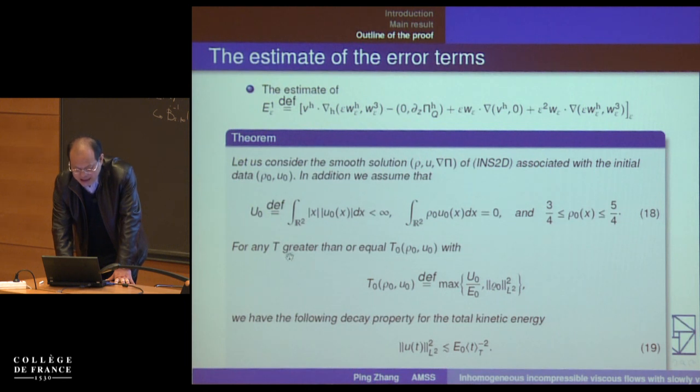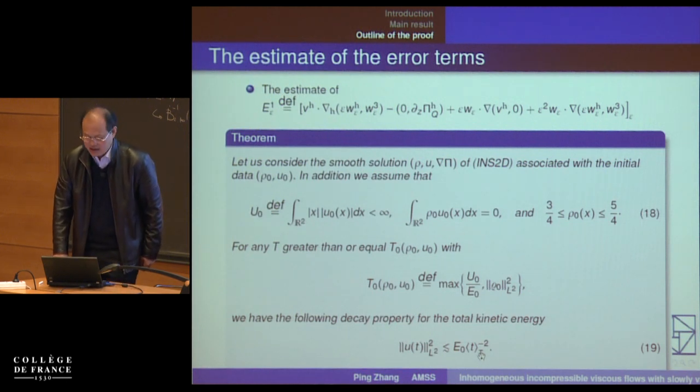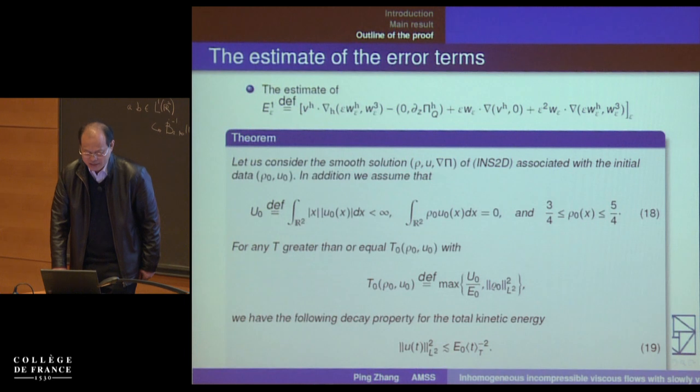Then for any constant T, which can be explained as a scaling parameter of time with the same dimension as time, such that capital T is greater than or equal to this T_0(rho_0, u_0), we find the initial energy decays like E_0 times T to the negative power 2. So this decay estimate is exactly the optimal decay estimate for the 2D classical Navier-Stokes system.